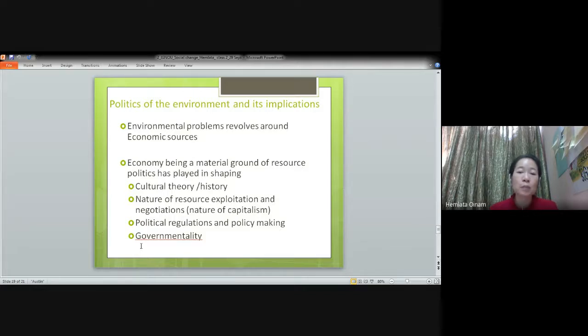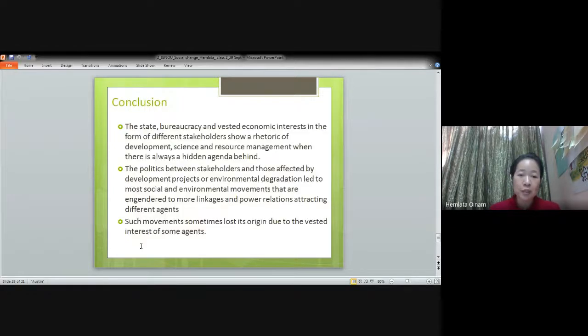Environmental problems revolve around economic resources. Economy being the material ground of resource, politics has played a role in shaping cultural theory, history, the nature of resource exploitation and negotiation, political regulations and policy making, or even the way the governance and performance of the rules and regulations present in a particular place are explained.